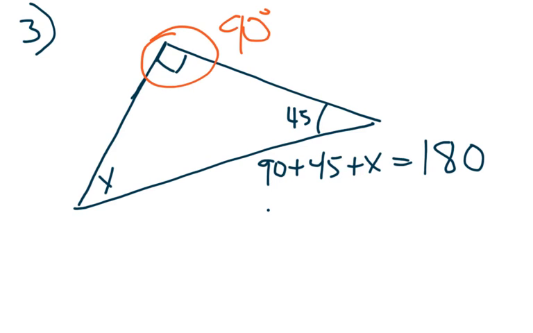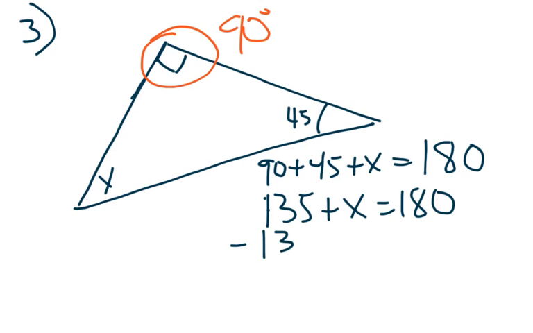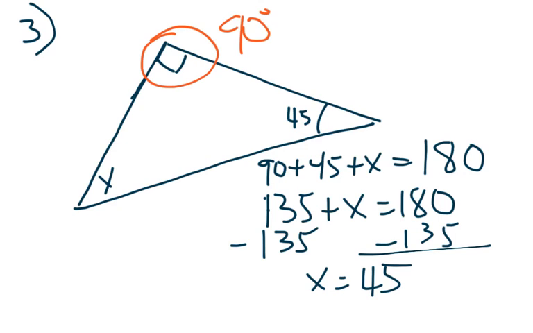So 90 plus 45 is 135 plus x equals 180, and then we want to subtract 135 from both sides, and x equals 180 minus 135, which is 45. And this is your answer for number 3.